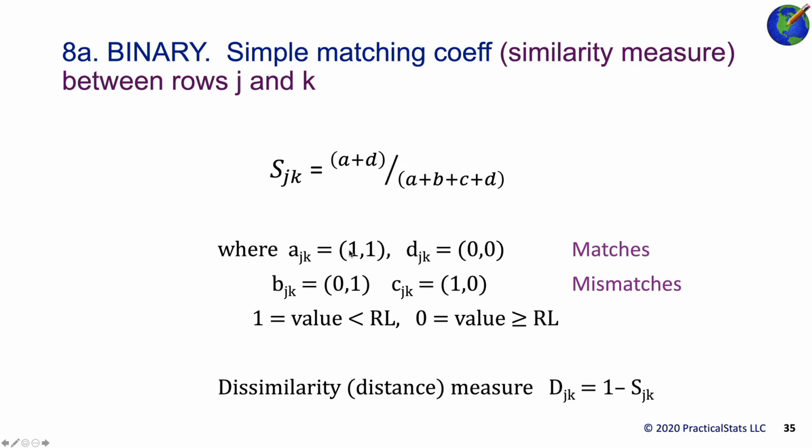The things we're matching are 1s and 0s, whether this is below the detection limit or above the detection limit. The 1s in NADA 2 by default, though you can change this, are below the detection limit, so these are yes, censored, and the 0s are no, they're not censored, they're detected. So if you had 2 different sites, J and K, and they were both non-detects, or they were both detected values, that's a measure that they are similar.